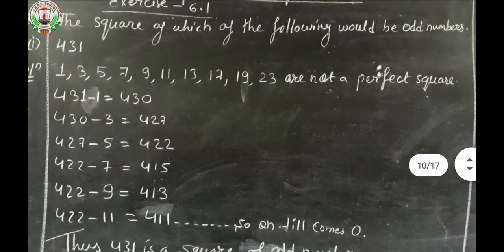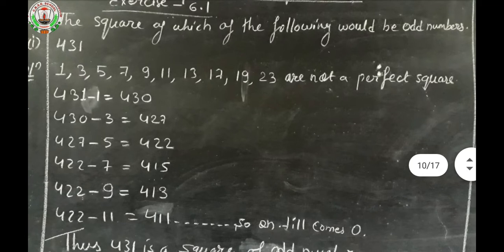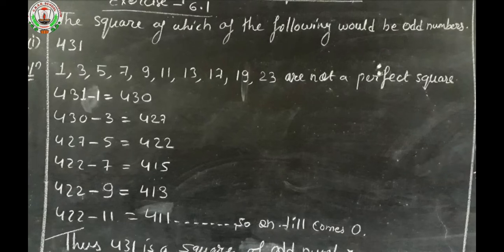Suppose 431, first odd number is 1. So 1 will be subtracted from 431. It will become 430. Then 430 will be subtracted with 3. It will be 427. Then 427 subtracted with 5, it will be 422. Then 422 will be subtracted with 7, it will be 415.